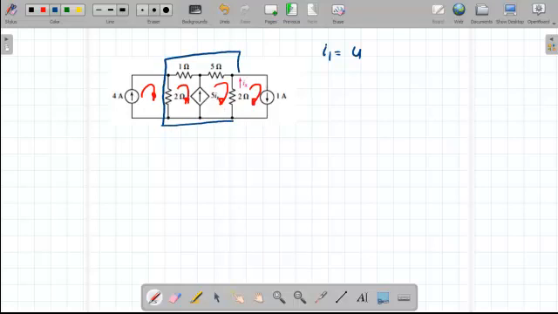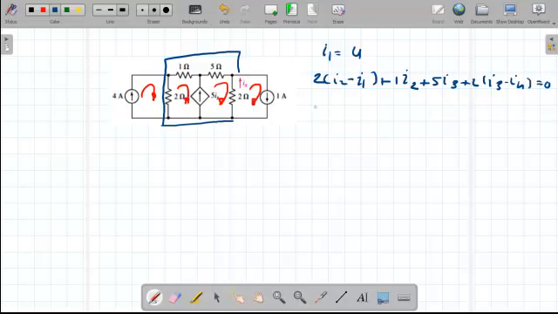Starting from here: 2 times (I2 minus I1), these two resistors, then plus 1 times I2 plus 5I3 plus 2 times (I3 minus I4) equals 0.